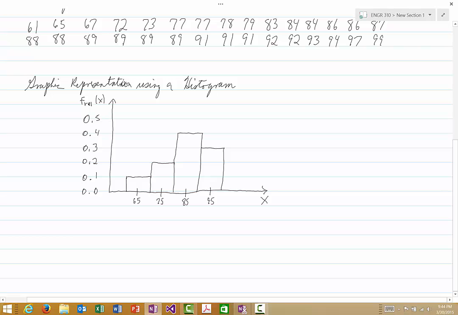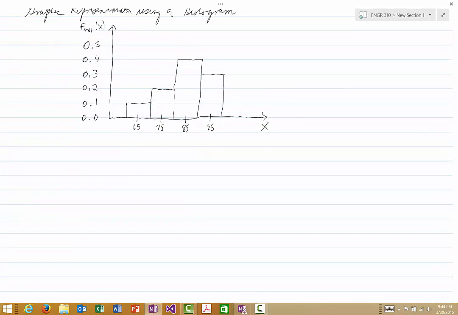Now, of course, once you have data, usually you're going to be interested in doing some analysis on it. And one type of analysis that you might do is to calculate the mean.